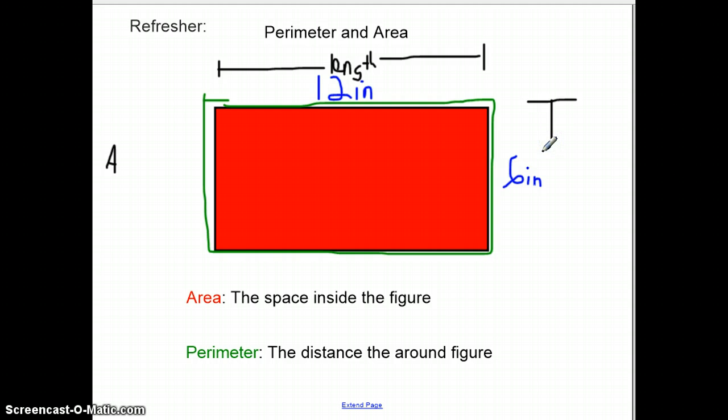Another important term to know, when you communicate things about math especially, this is important information to know. So length times width, I'll be doing 12 inches times 6 inches.